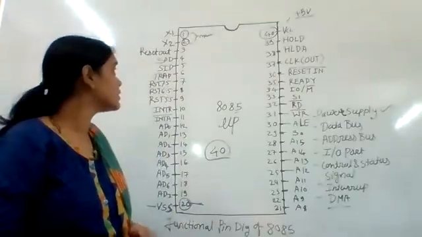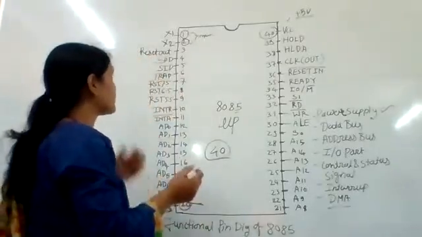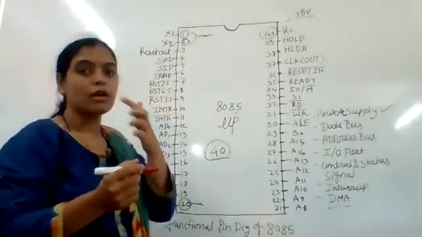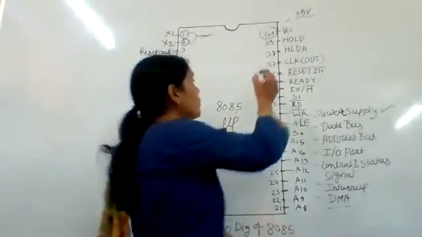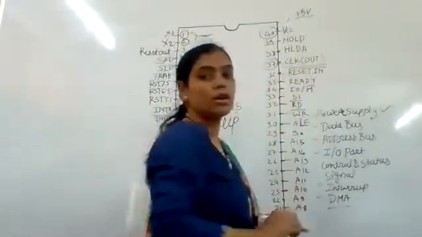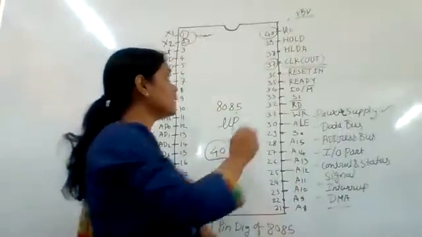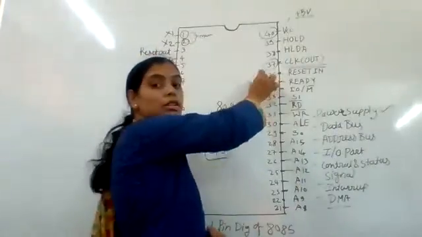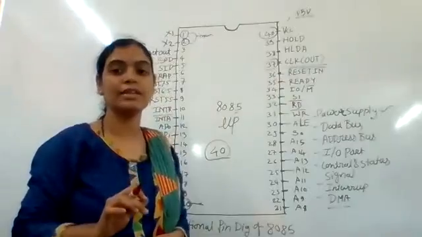Now the next pin, CLK out, is pin number 37 of the 8085 IC.